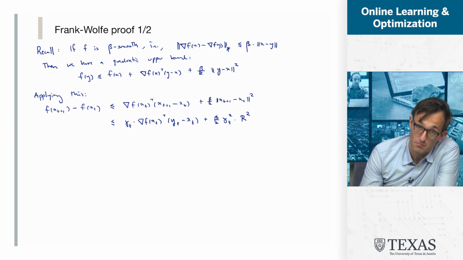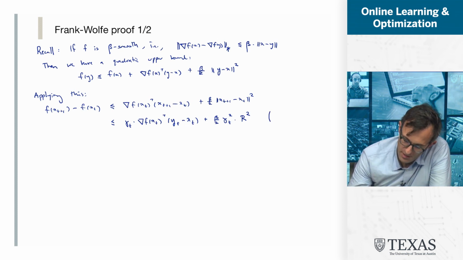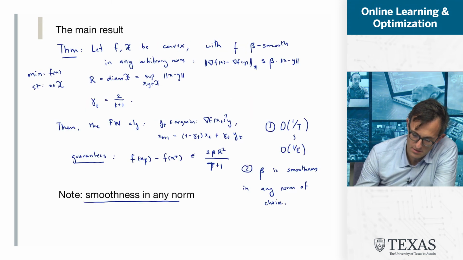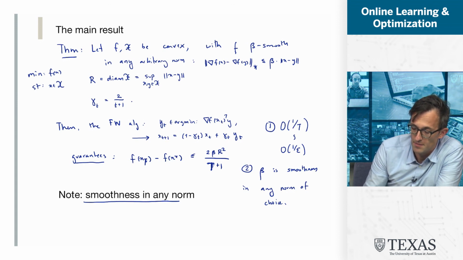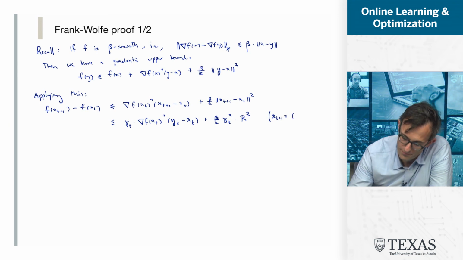This just came from the definition of the algorithm. Let me flip back so you can see exactly what it is. x t plus 1 is 1 minus gamma t times x t plus gamma t times y t. So I've just plugged that in for x t plus 1.